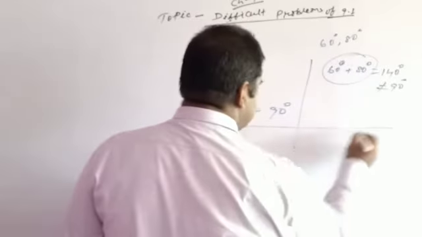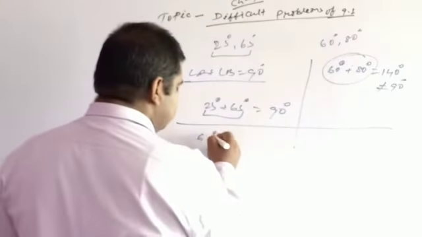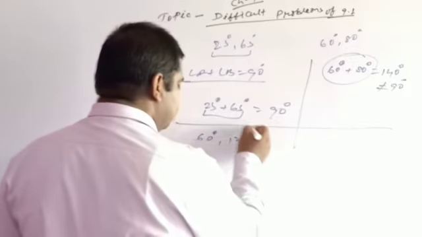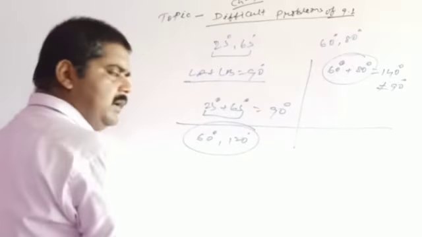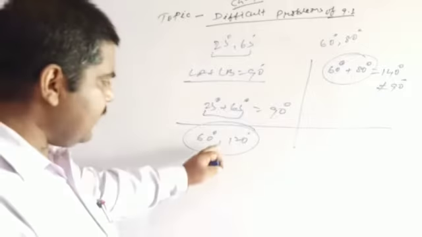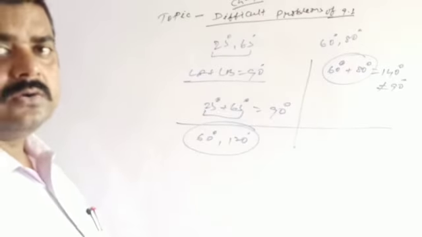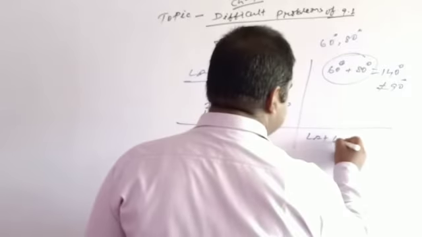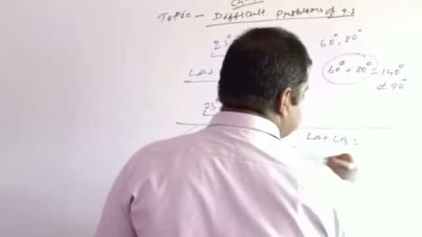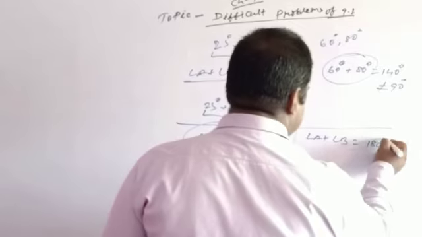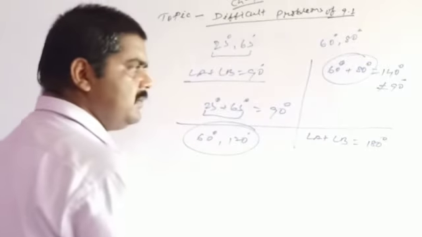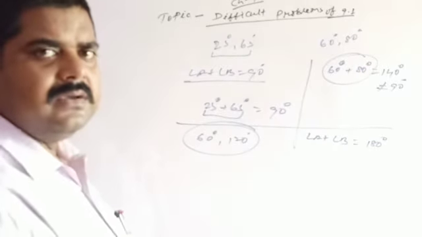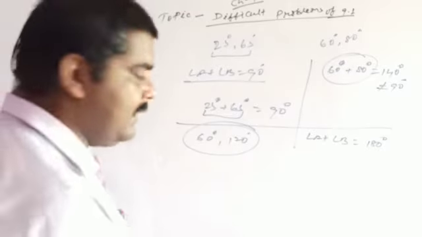A similar question has been given with 60 degrees and 120 degrees, and you have to check whether this pair is supplementary or not. You know that if the sum of two angles is equal to 180 degrees, then these angles are supplementary angles.